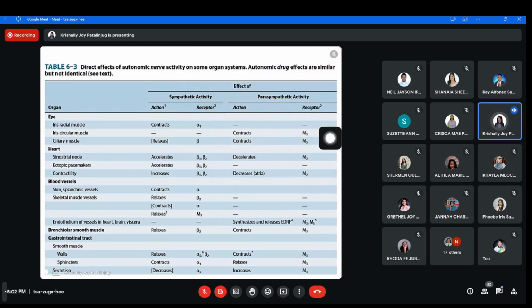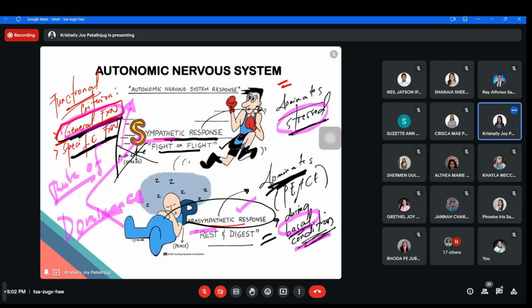Okay, let us proceed to this table. This tells us about the specific responses or the specific function. So, i-discuss natin this time yung difference ng dalawa based on specific function.